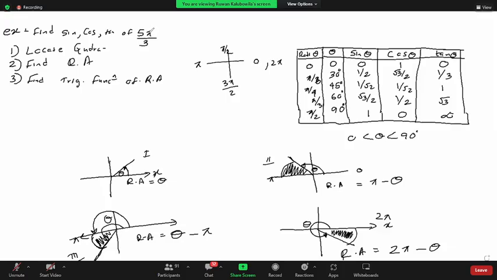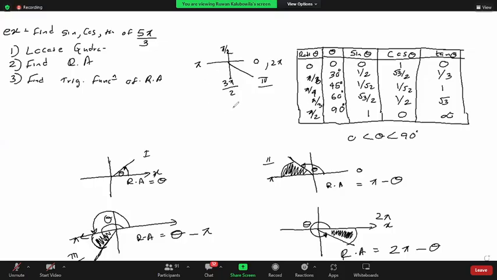Then you have to locate where this is. Location of 5π over 3 just passes this one, because 5π over 3 is greater than 3π over 2 and less than 2π. That means this is in the fourth quadrant, not the third quadrant. So this angle is in the fourth quadrant. Okay.